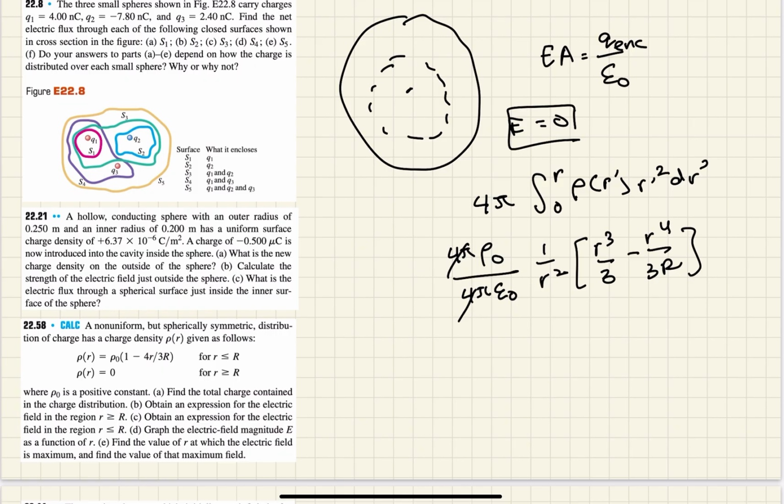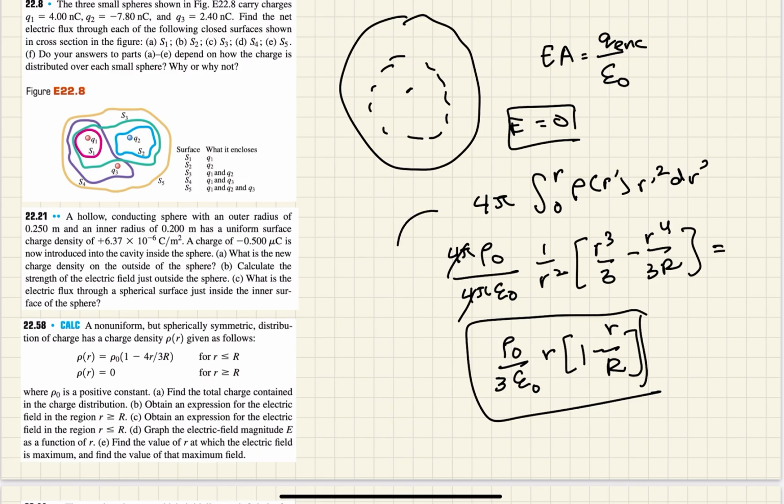That all comes after we substitute in the r for r prime. And so it just becomes rho naught over 3 epsilon naught, because of this 3 that gets distributed out, times r times 1 minus r over R. So that's your expression. It's pretty complicated, but it's just calculus to get from one step to another.